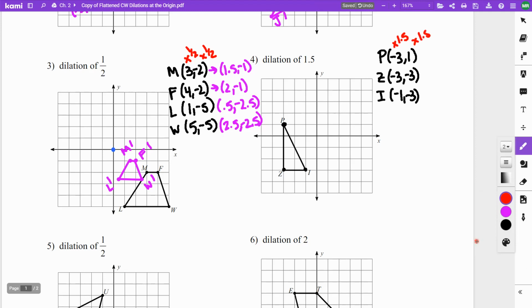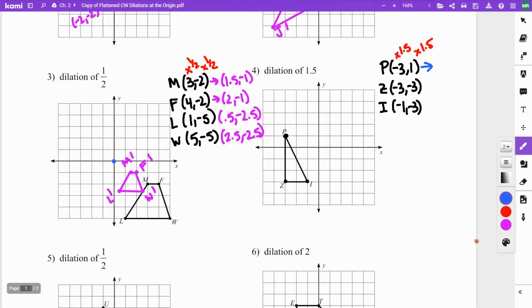I'm going to do this in blue just in case it ends up over in the other picture a little bit. So this is going to be negative 4.5 comma 1.5, negative 4.5 comma negative 4.5, and negative 1.5 comma negative 4.5. So that's what I'm going to plot.